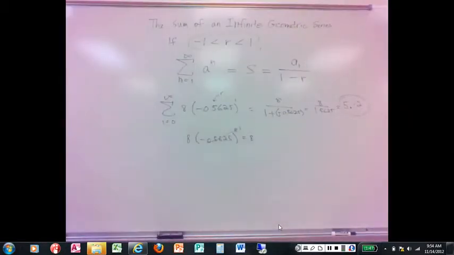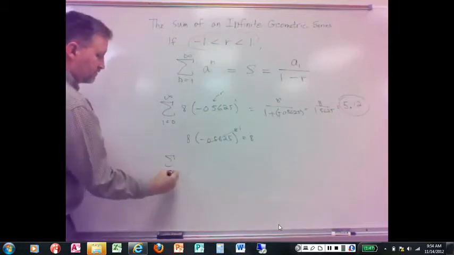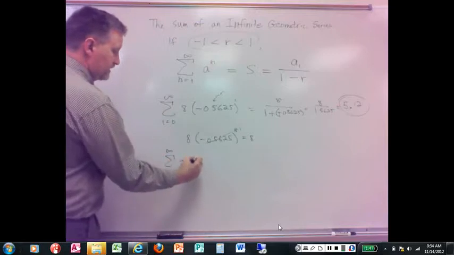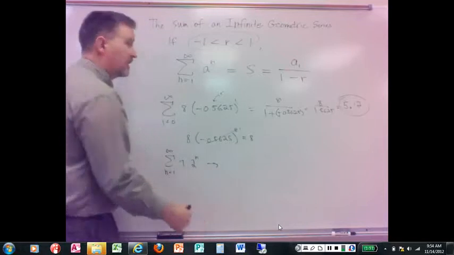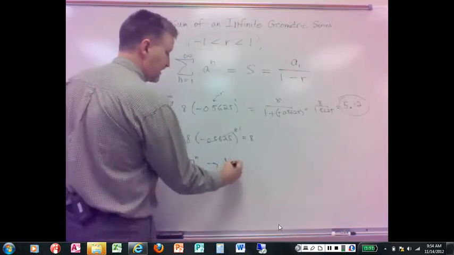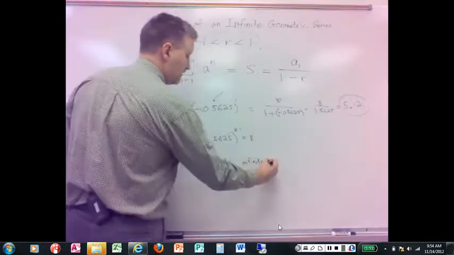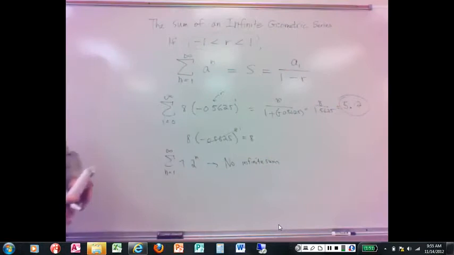It has to be geometric, and it has to be r's between -1 and +1. So what we're saying is if I wanted to do n equals 1 to infinity, and it's 7 times 2 to the n, can't do it, okay? That one actually, there's no infinite sum there, because the sum just keeps getting bigger and bigger.